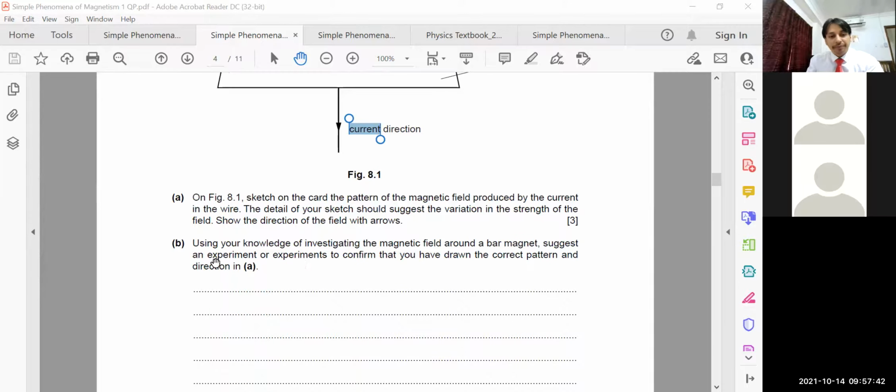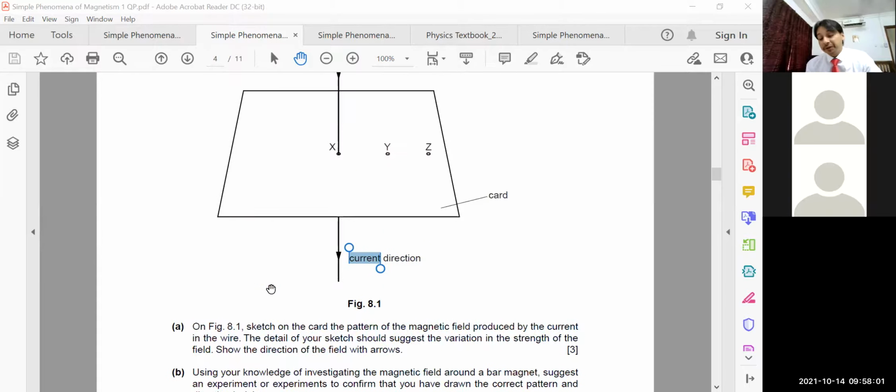Question number B. Using your knowledge of investigating the magnetic field around a bar magnet, suggest an experiment or experiments to confirm that you have drawn the correct pattern and direction in A. Now we have to cross verify whether the concentric circles will be there or not. Magnetic field will be in the form of concentric circles or not.